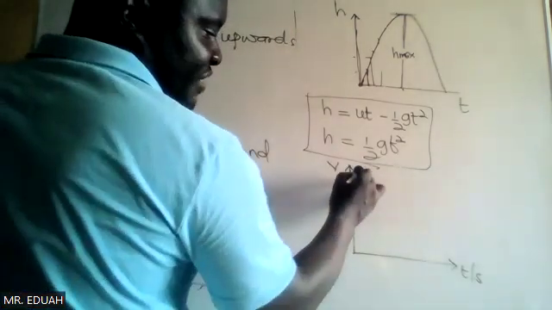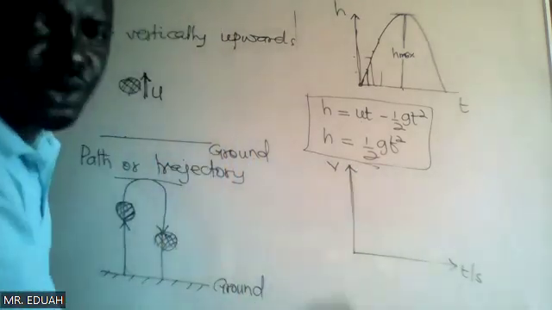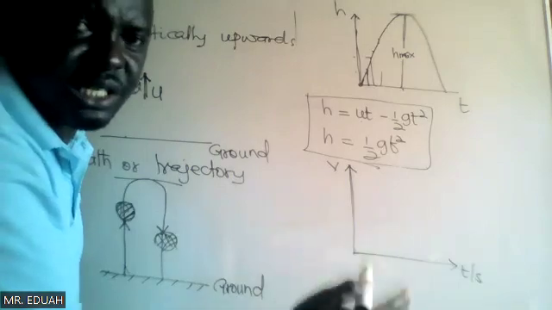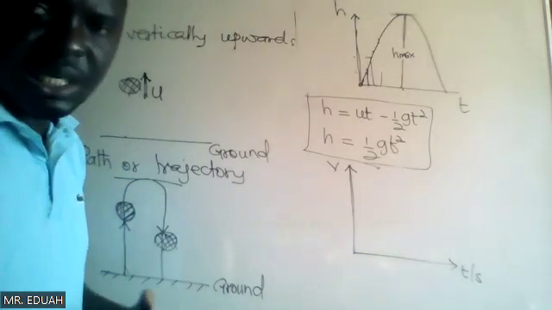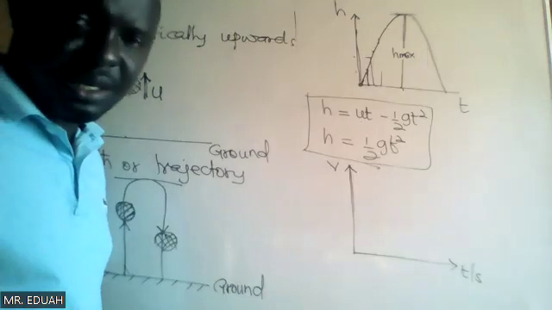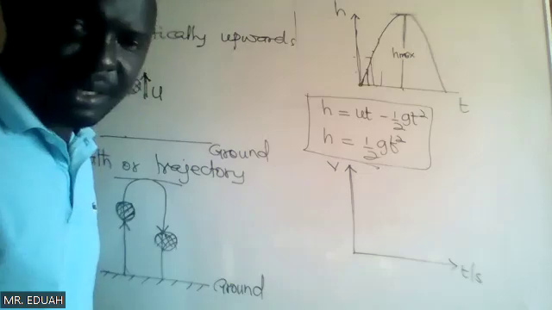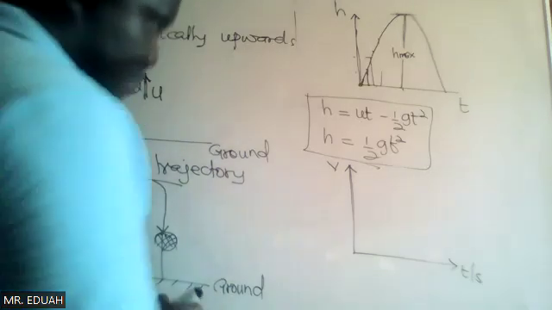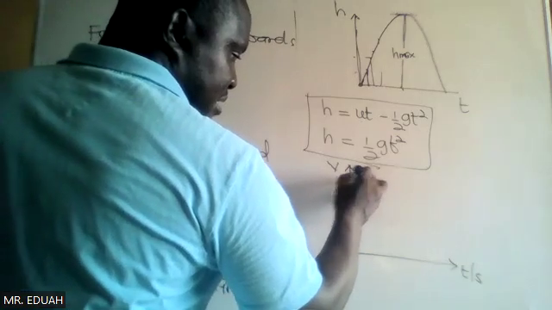So the initial velocity must be greater, so that as the body goes up, what happens to the velocity? Decreases. Yes. It decreases with time. So it must start with a higher velocity.